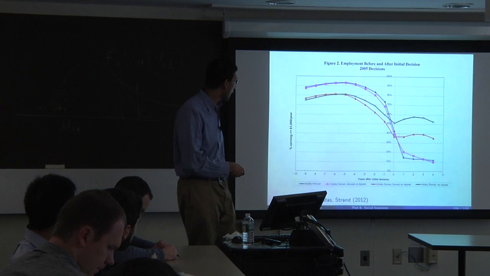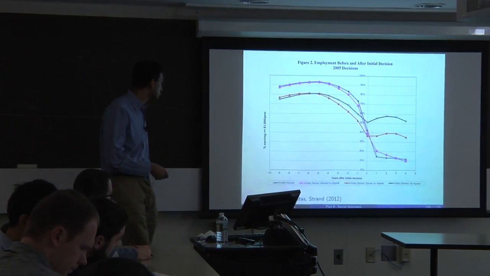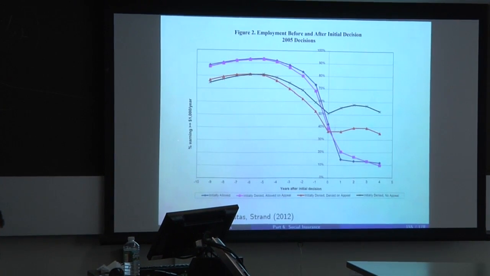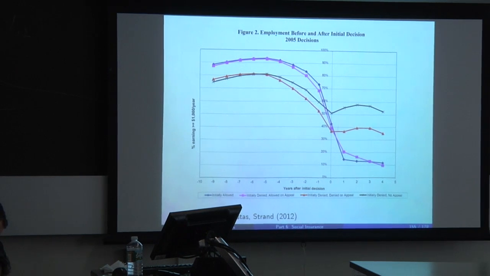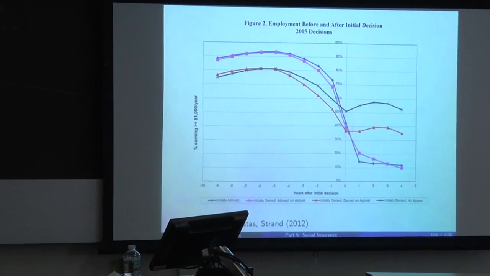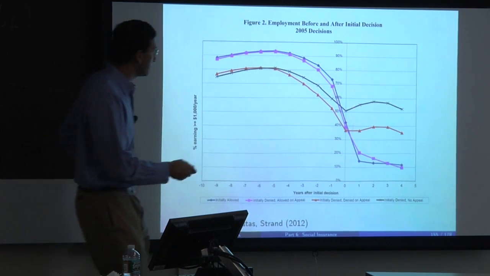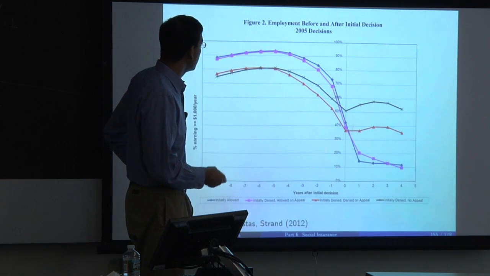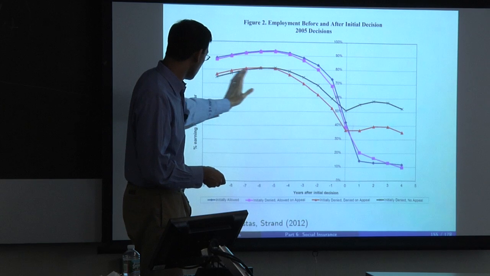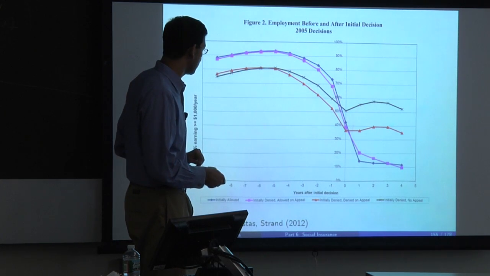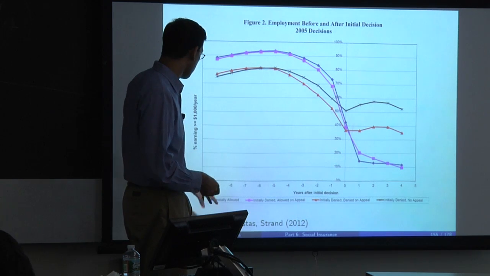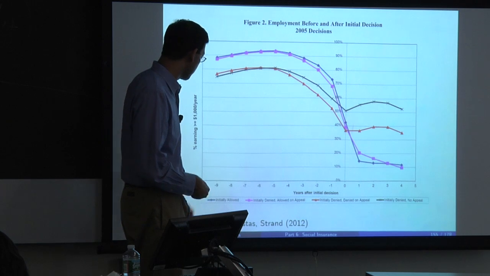So this is tracking a bunch of people using Social Security admin data and using a measure of whether they're employed: do they have SSA covered earnings of more than $1,000 a year? Take a bunch of people who applied for DI in year 0 here, and look in the panel. So there's an event study around that application of the fraction who are employed, and break them into 4 groups.